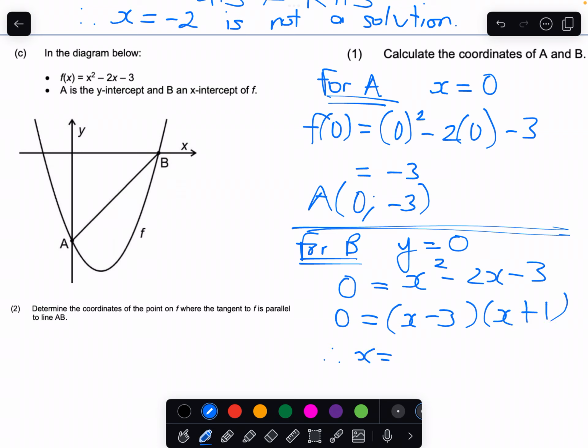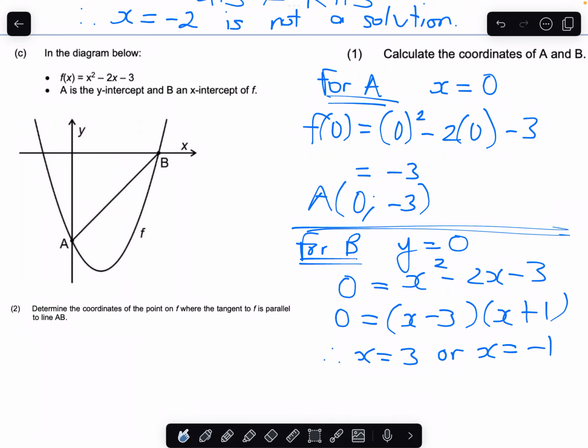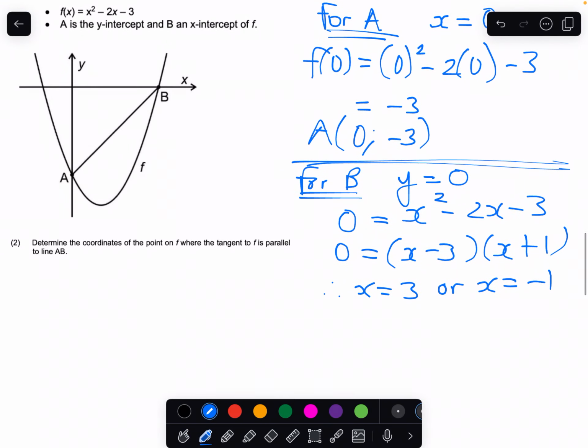Therefore, x is equal to 3 or x is equal to minus 1. Okay, and we can see that B is on the positive x-axis, so x B is greater than 0, so x is equal to 3. Therefore, the coordinates of B are 3 and 0.